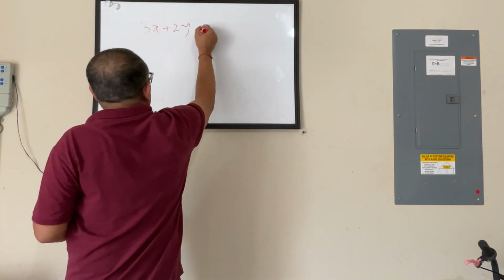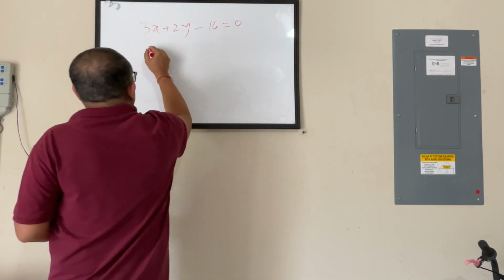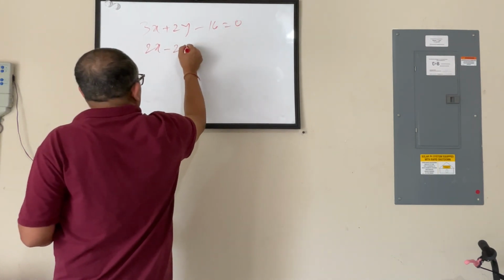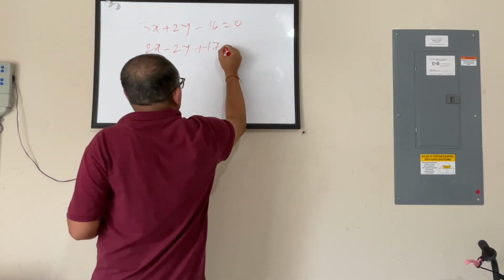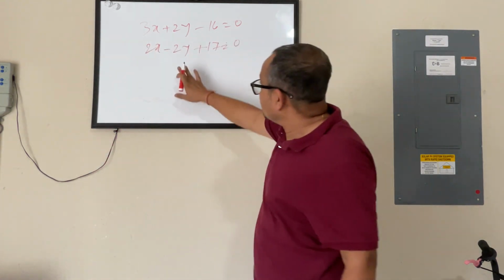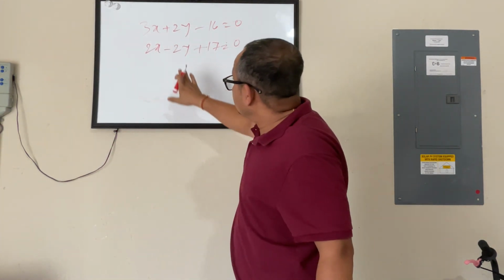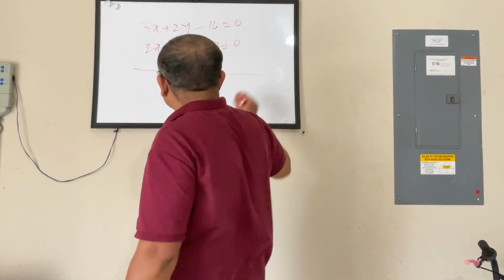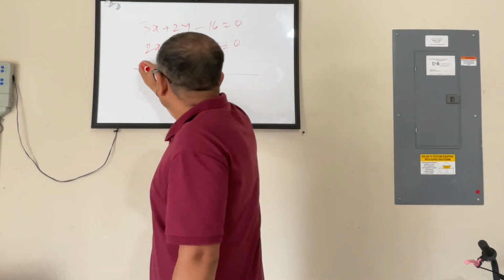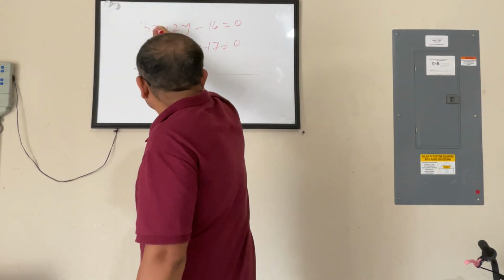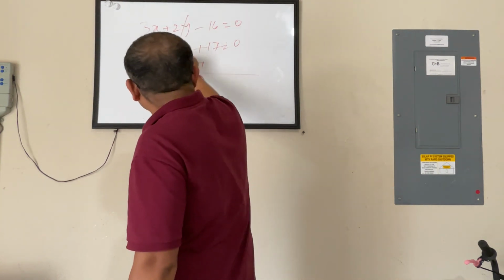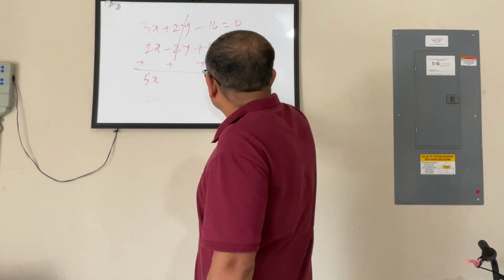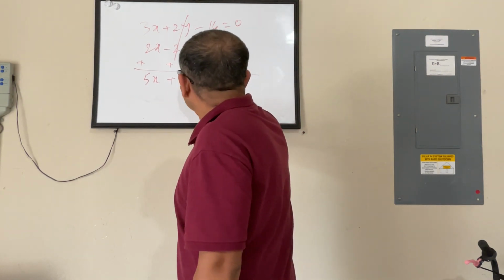Plus 2y minus 16 equals 0, and 2x minus 2y plus 17 equals 0. Here you see that one equation has this, the other equation has this. One is positive, the second is negative. If I just add them together, what happens? So this becomes 5x, these two get cancelled out, and 16 plus 17 becomes 33.